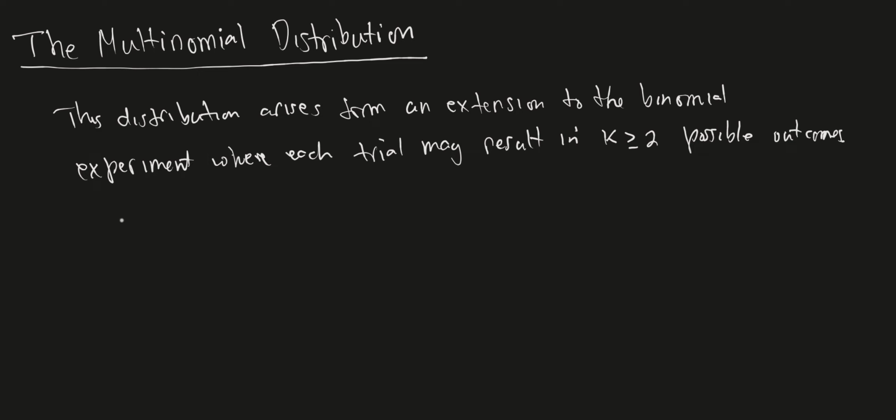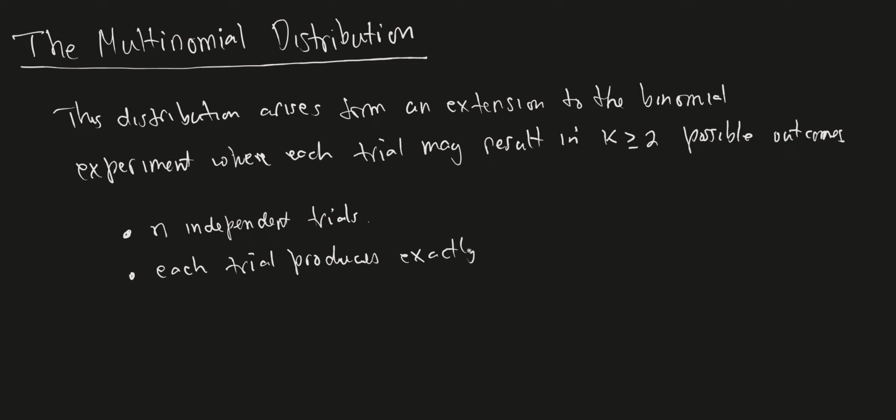So here are some of the key characteristics of this multinomial type of experiment. The first one will be very familiar. We have n independent trials, much like the binomial. But now each trial produces exactly one of the events.